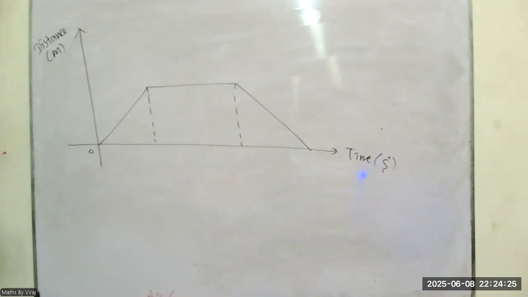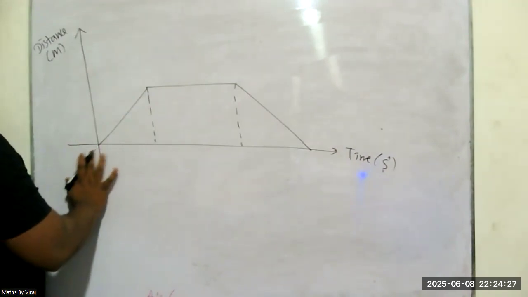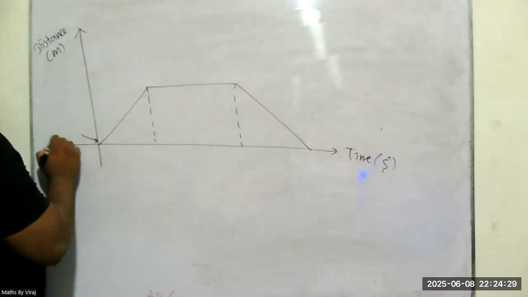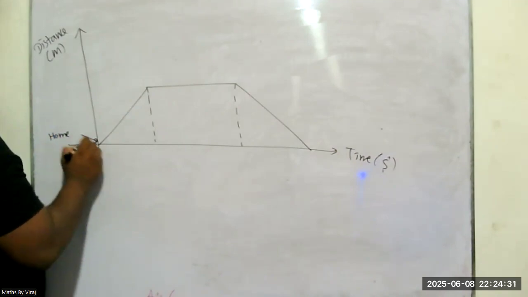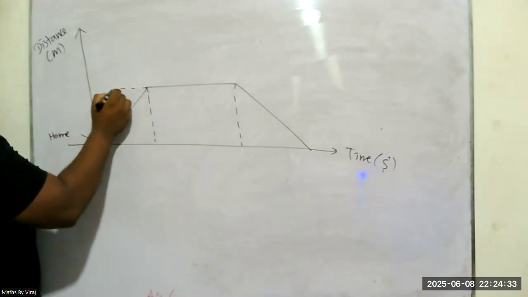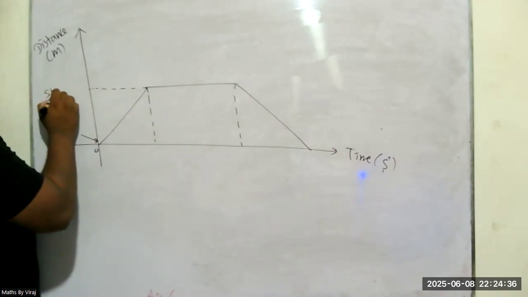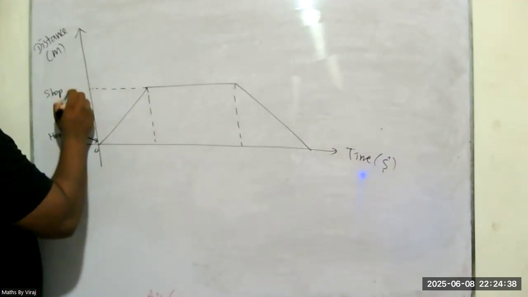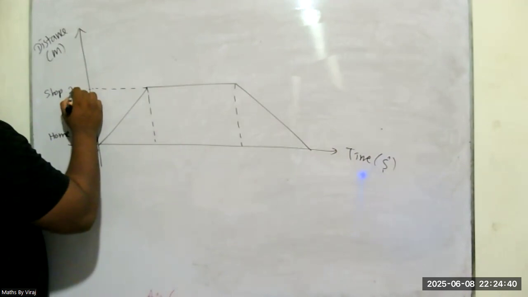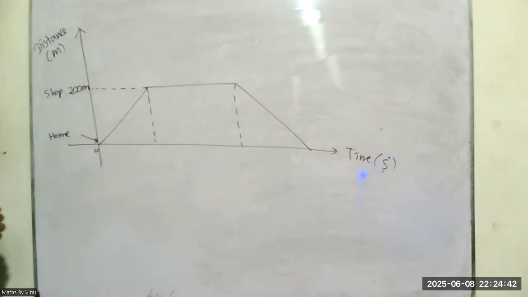Let's say that a boy is going from home, let's say this is our home, to a shop close by. Let's say for our ease of calculation, the shop is 200 meters away.